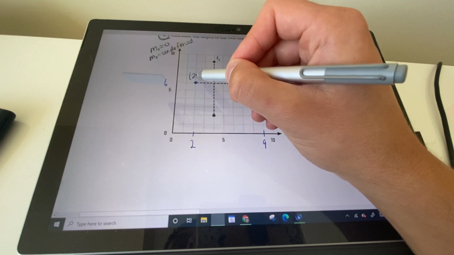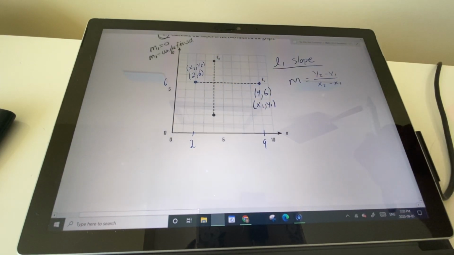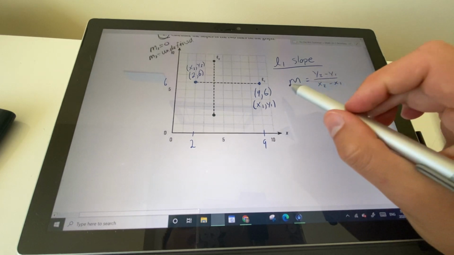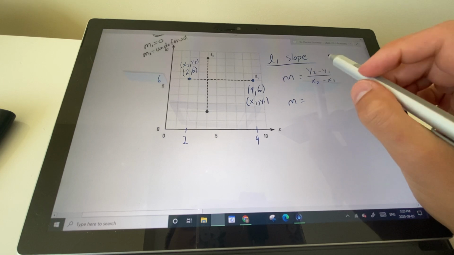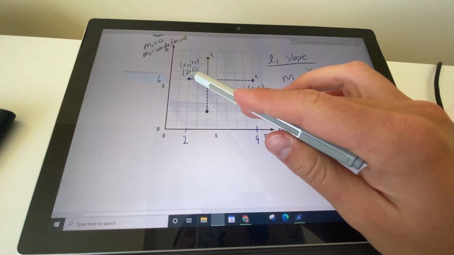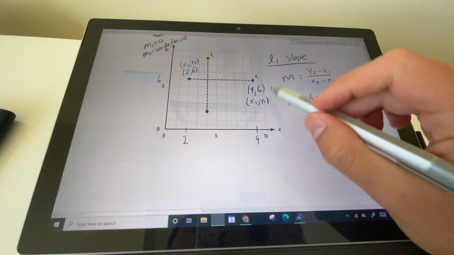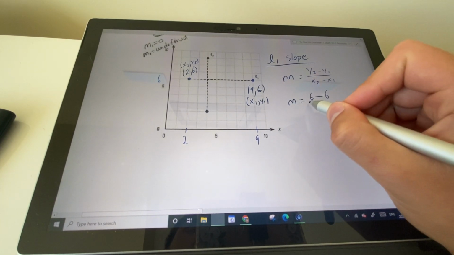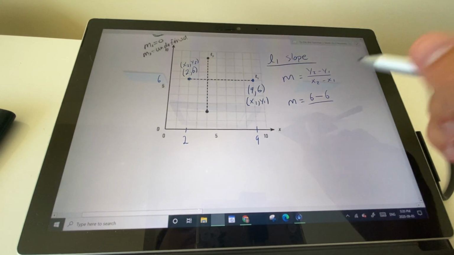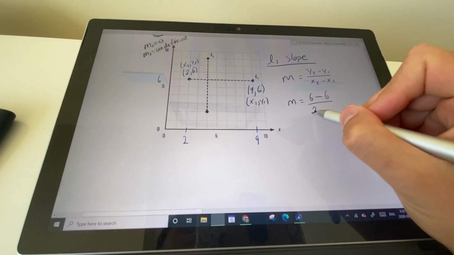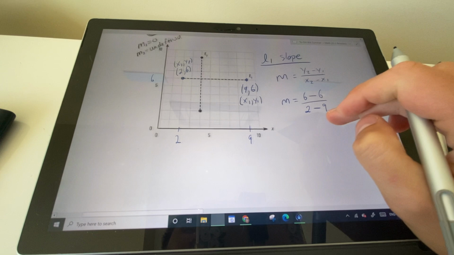So that will be 2 and 6, and this will be x2, y2. Now, let's plug these into our formula. What did we say y2 was? y2 we represented as 6. So this will be 6 minus, and what was y1? Well, y1 was 6 here. What was x2? x2 was the value 2 here. And what was x1? x1 was 9.